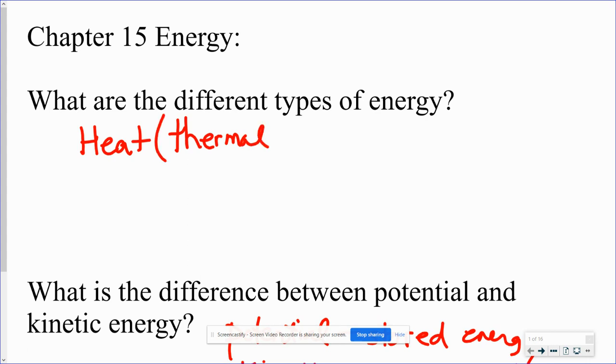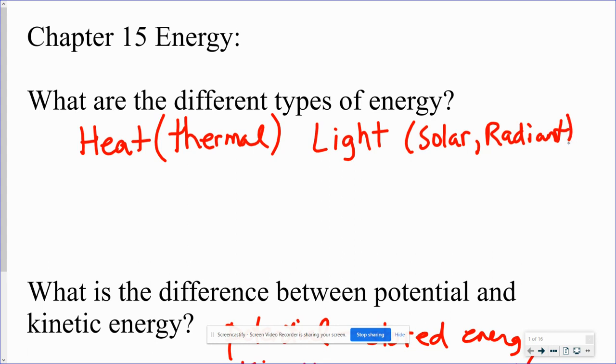What else do we have? We have light energy, which some people call solar, some people call radiant.